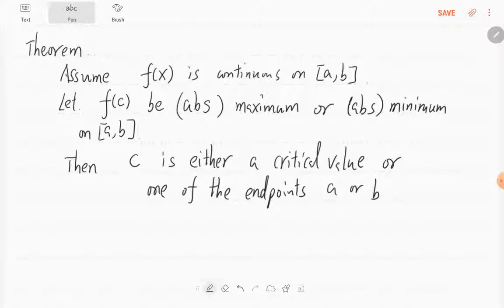So this theorem tells you that the critical values and the endpoints are your candidates. We have no other choices.